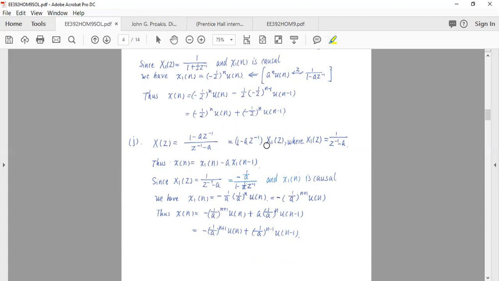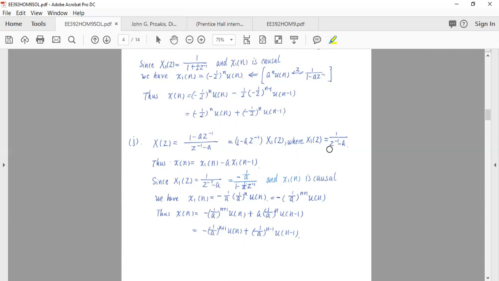Multiplied with x1 of z expanded into this particular bracket, we'll get x1 of z multiplied by negative a multiplied by z to the power of negative 1. So basically, this negative a is just a constant, so we keep negative a as it is. And this z to the power of negative 1 indicates it is delayed by 1 unit, the time shifting property in this particular case. So what we get is x1 of n, delayed by 1 unit, so n minus 1.